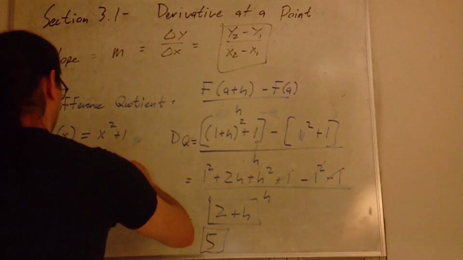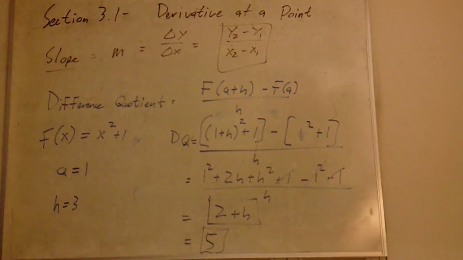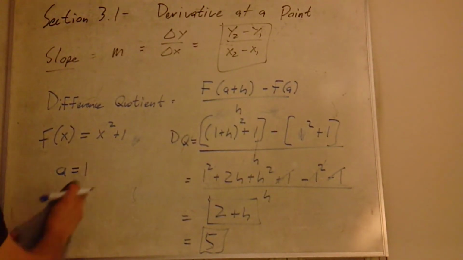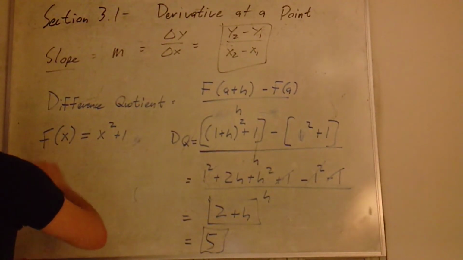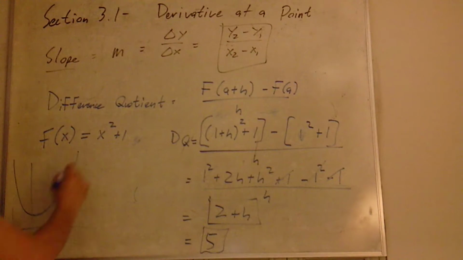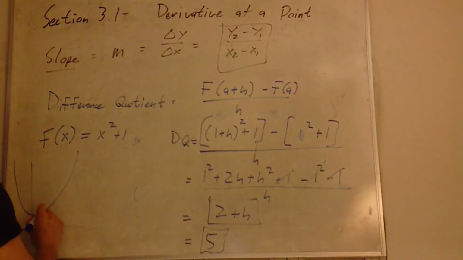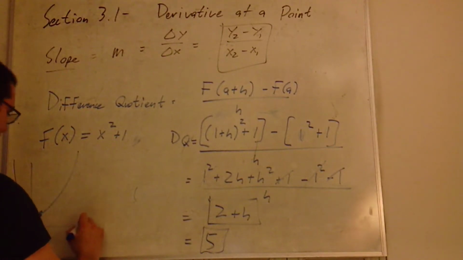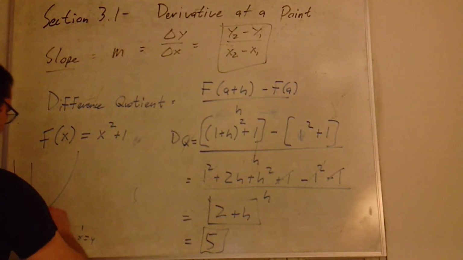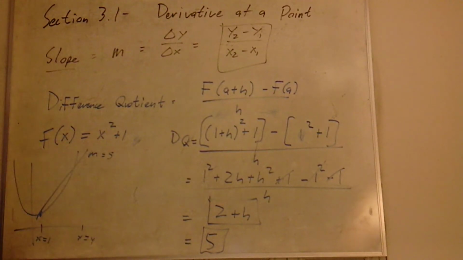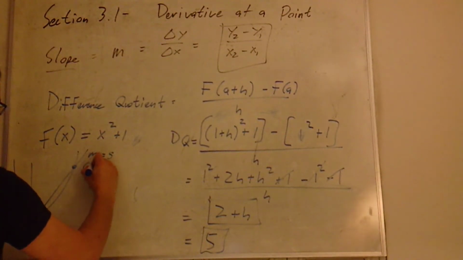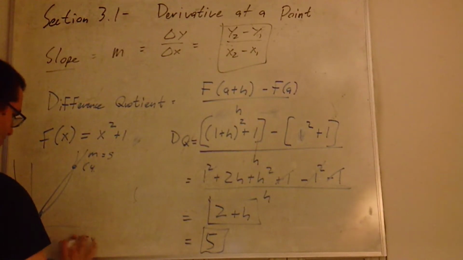So in my graph, I have this graph. Here is x equals 1. When I went out to x equals 4, this gave me a slope of 5 at the point, I guess I should bring it in a little bit.